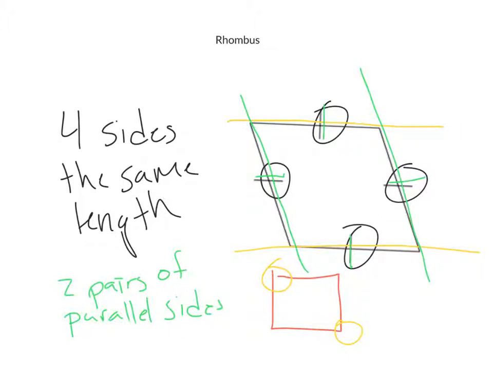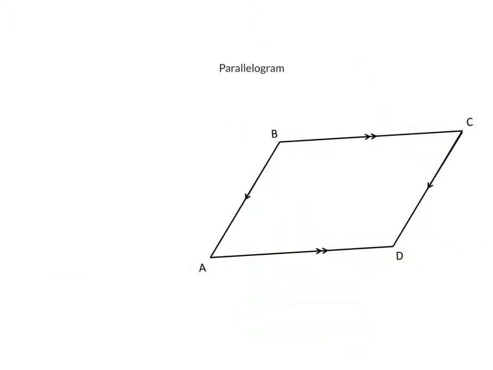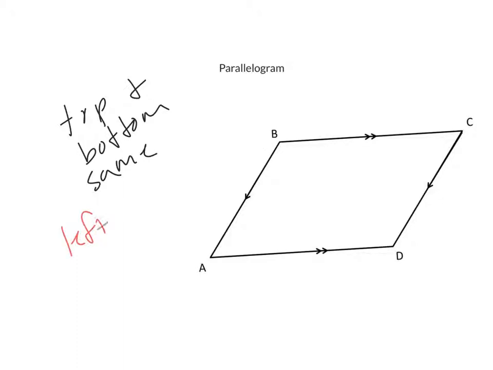Now, after our rhombus comes a parallelogram. A parallelogram is just like a rectangle. The top and bottom are the same, and the left and right are the same in length. So you'll see there's one arrow there, one arrow there, telling you those are the same.